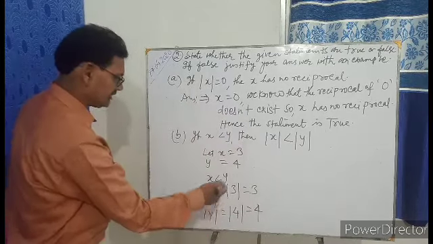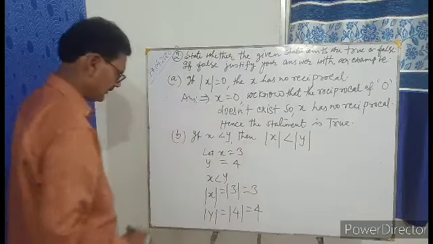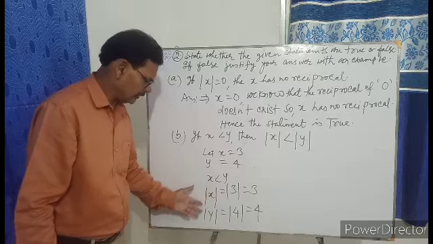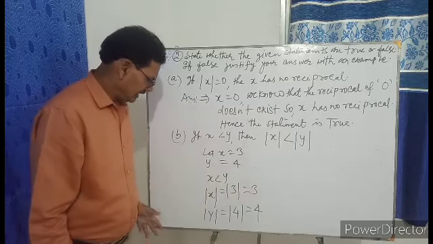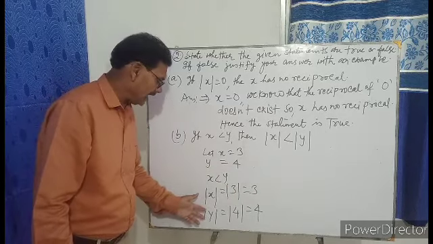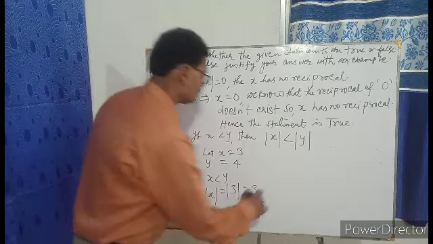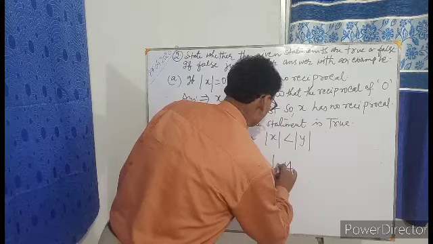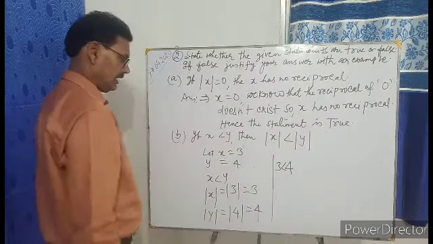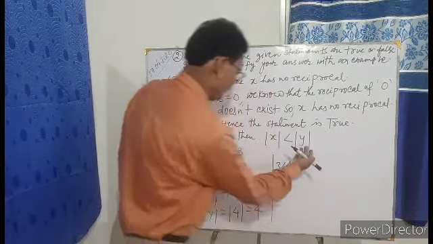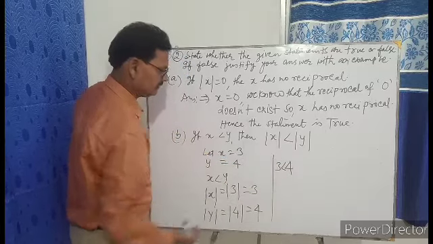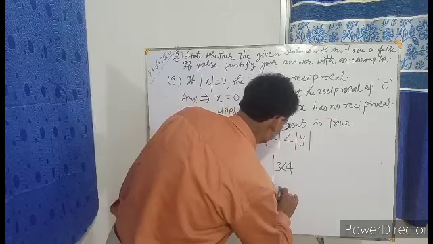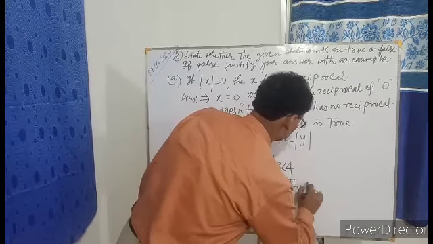Here the absolute value of x is 3 and the absolute value of y is 4. Since 4 is greater than 3, mod y is greater than mod x. So therefore the statement is true.